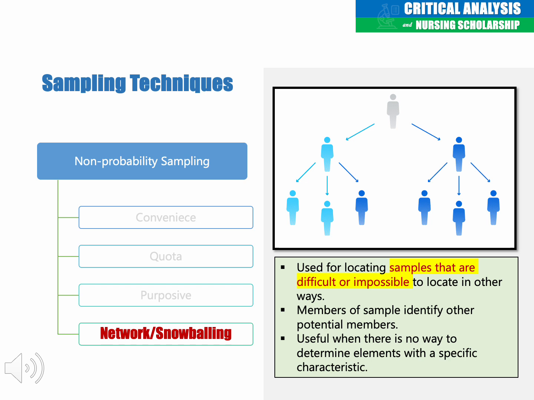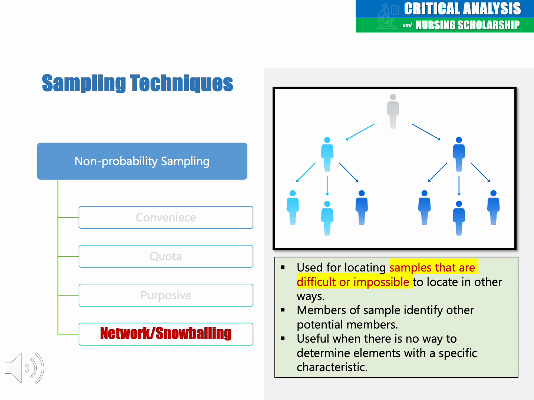Now in here, you start by selecting a few participants using purposive sampling and then ask them to refer others they know who meet the criteria. In here, your sample snowballs from there. That's what's called network and snowballing.